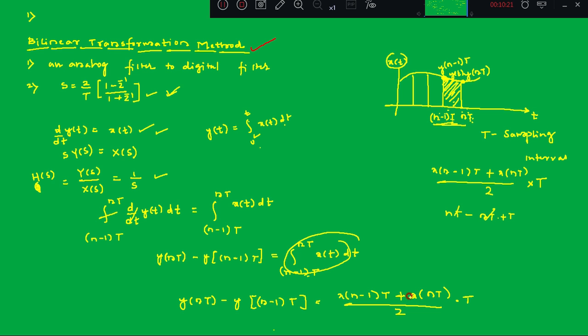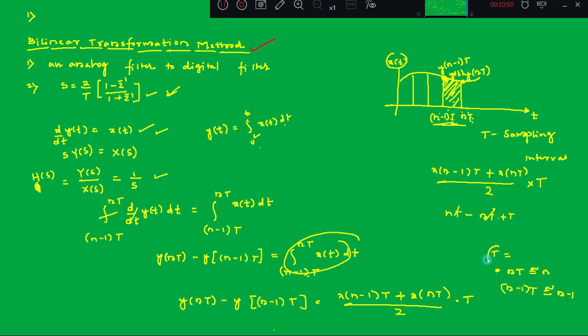So now if I take T, the sampling interval, is very small. If we assume T is very small, then we can assume nT is almost equal to n, and (n minus 1)T is approximately equal to n minus 1.